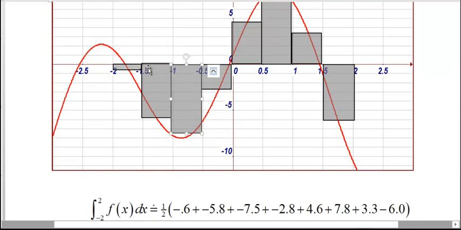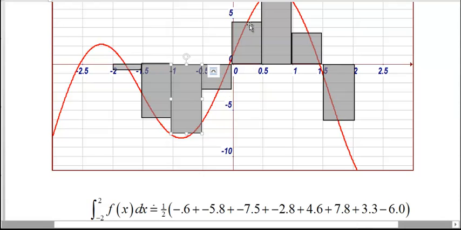So I said this first one was about -0.6, and the next one was, there's -5, there's -6, so I said -5.8. So I tried to get to the nearest tenth best I could. This one looks like it's negative, let's see, -7.5, that's this one right here, -5.8 for that one, -2.8 for this one.